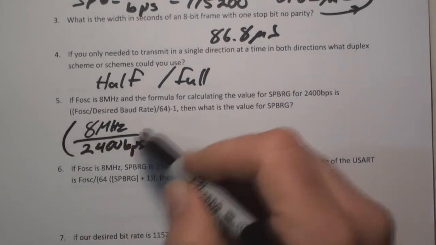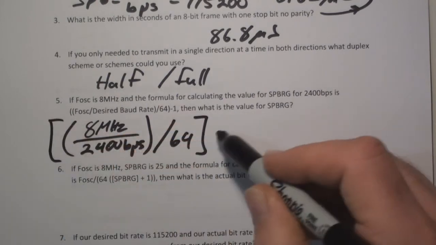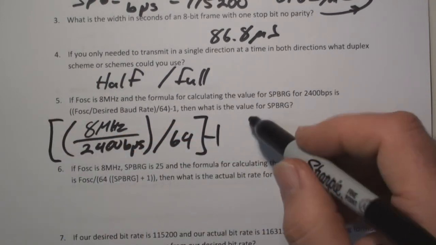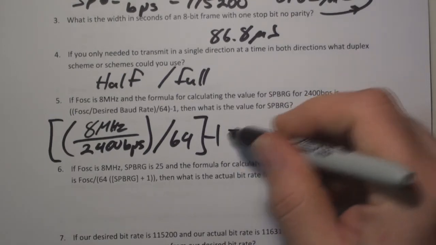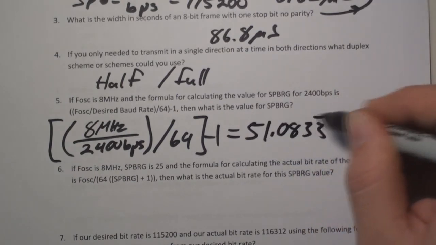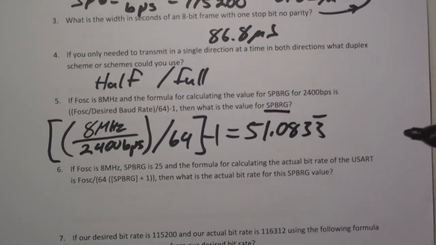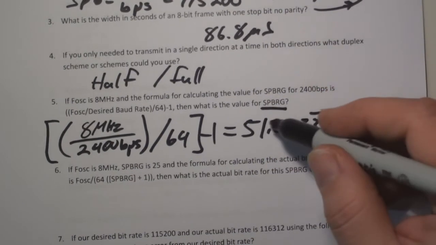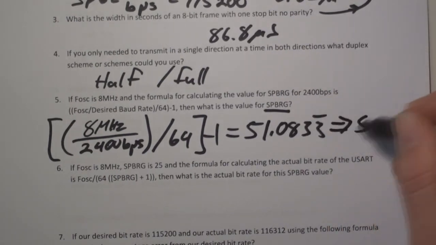And then this whole thing is divided by 64, and this whole thing subtract 1. Well, 8 megahertz is 8 million and 2400, so this whole thing works out to 51.0833. But what is the value for the SPBRG? So SPBRG is an 8-bit register, so all this has to be truncated, so the answer is just 51.